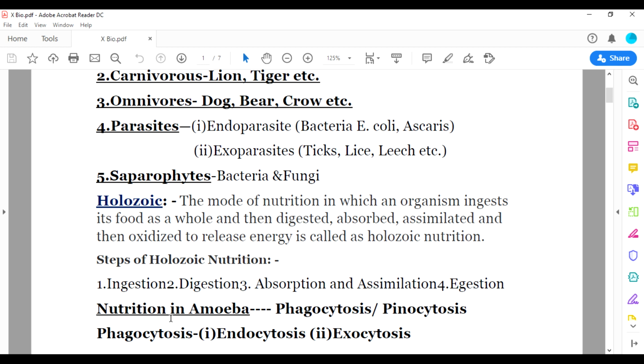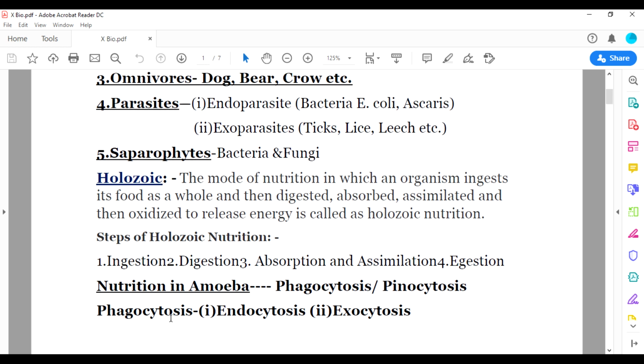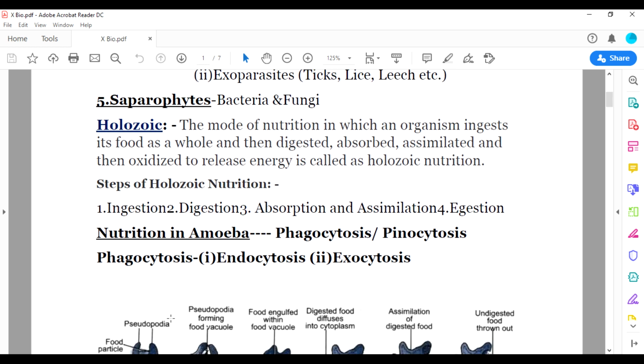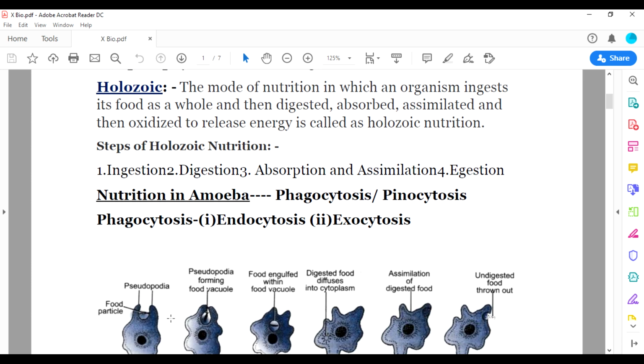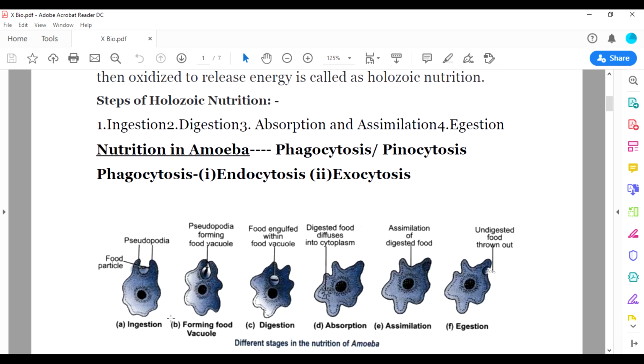Then we'll take the example of the smallest animal to understand the holozoic mode of nutrition. That is amoeba. Amoeba is a unicellular organism and it has an irregular body shape. When any food particle comes near this animal, it develops false foot around the food to capture the food.